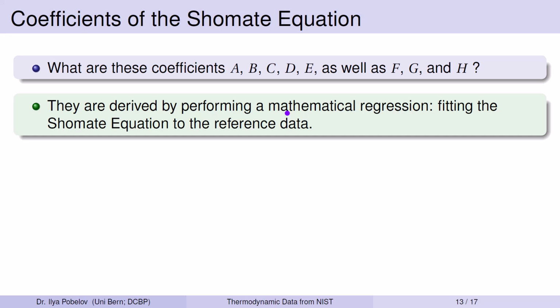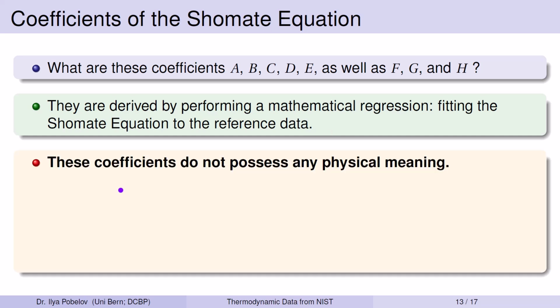They are derived by performing a mathematical regression, which means fitting an equation of a predefined type, in this case the Shomate equation, to the reference data, such as the ones I have shown in the previous screenshot. As such, they do not possess any physical meaning.